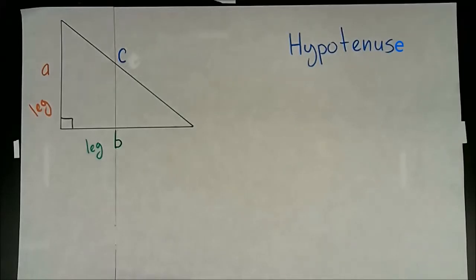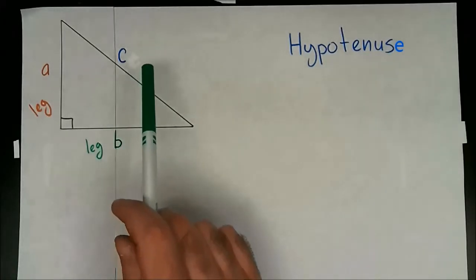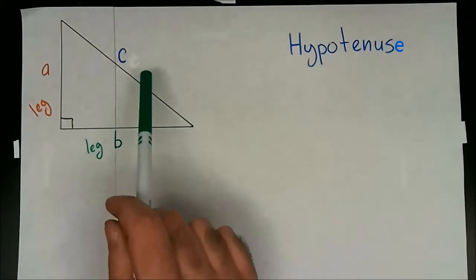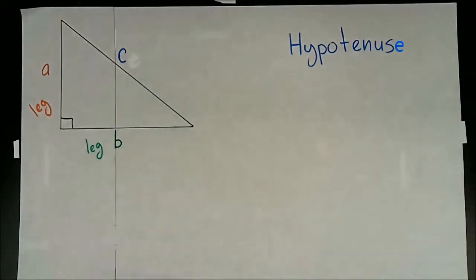Now, C is always the longest, and usually B is assigned to the second longest side, and A is assigned to the shortest side, although A and B aren't that important, but to me it makes logical sense. So from this point on, that's what I want you to use.